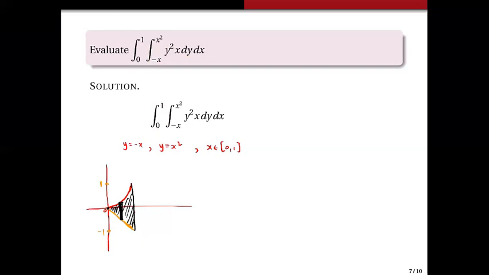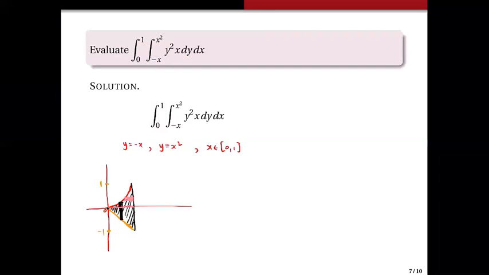So of course, suppose you want to do dx dy. Obviously, if you do that, you will have to divide into two parts. The first part will be here. So it will be from this up to this. Okay.